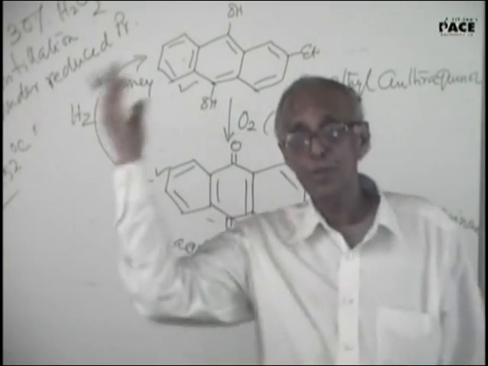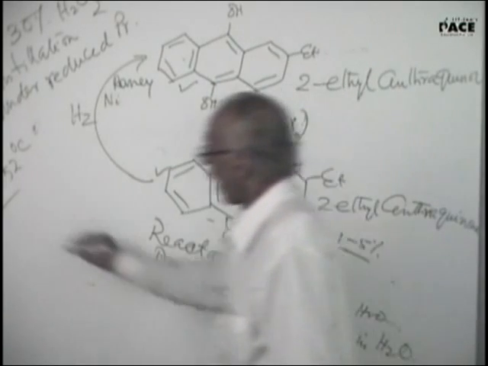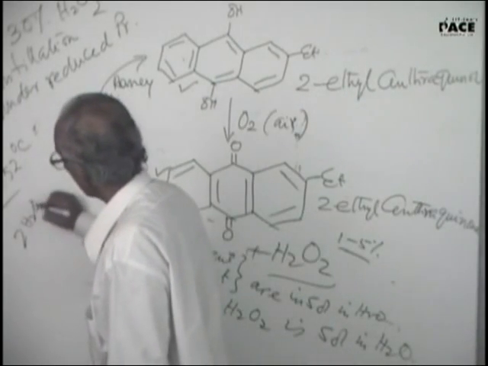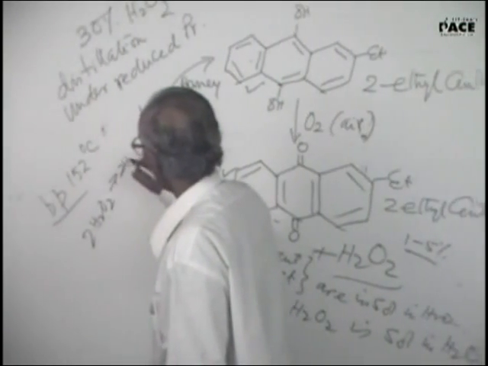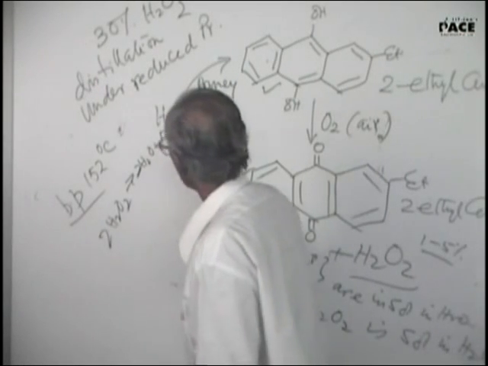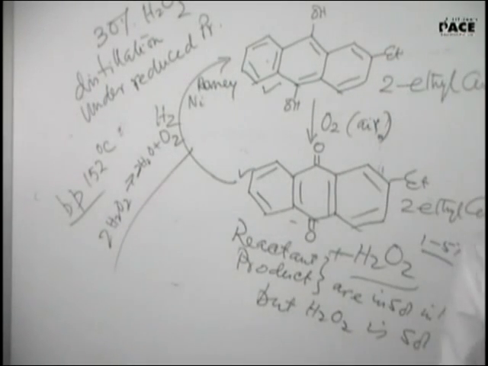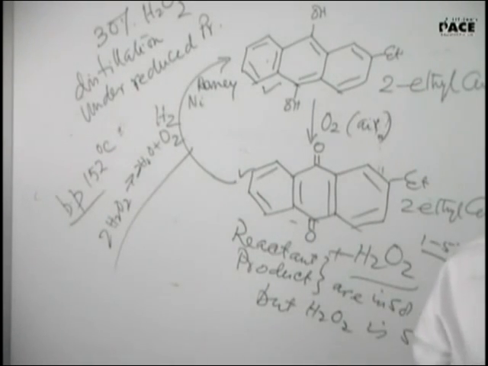So if you heat it to 152, hydrogen peroxide will decompose to water and oxygen. So you can't distill under ordinary pressure. When you lower the pressure, the boiling point is lowered, and then you can distill to get the concentrated form of hydrogen peroxide.